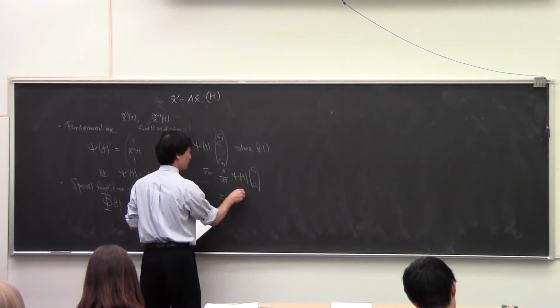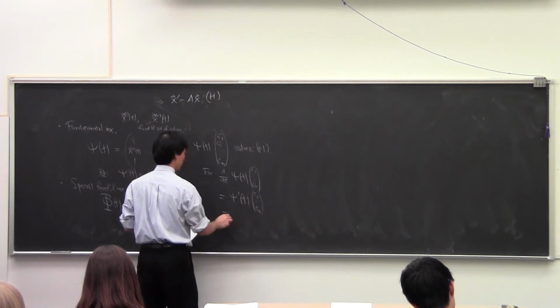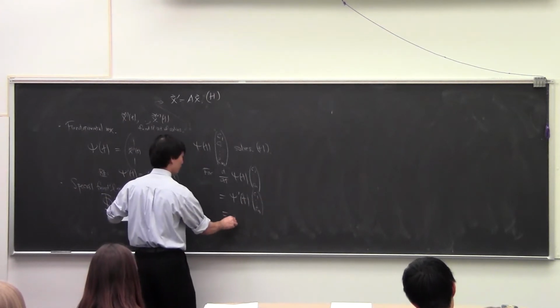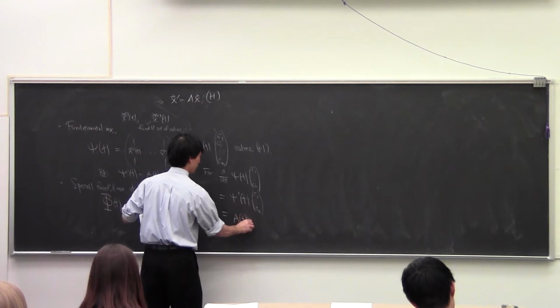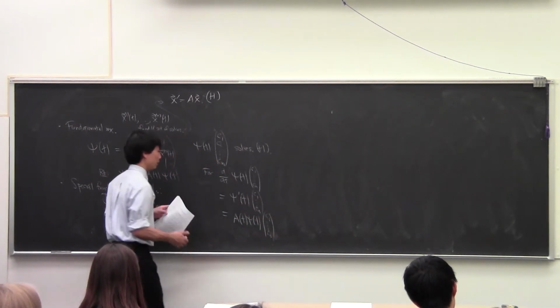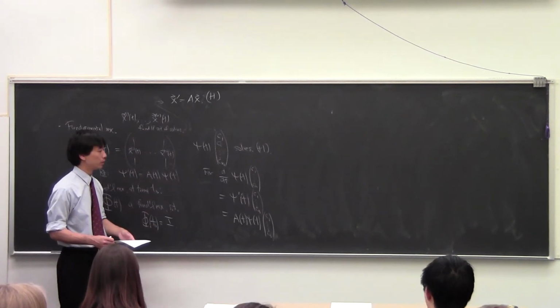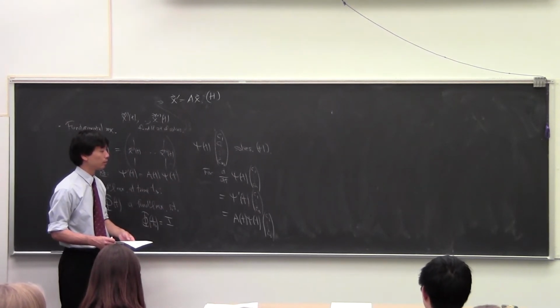You get psi prime times C1 through Cn. But psi prime is A psi.